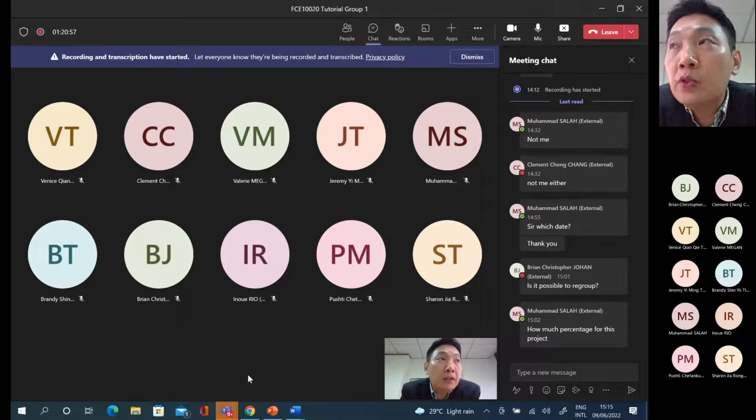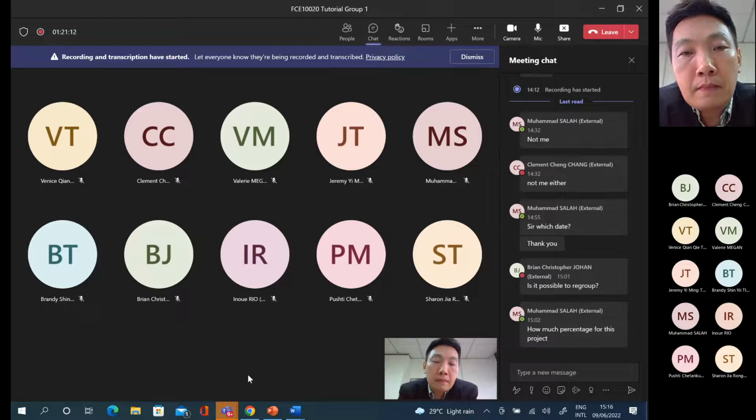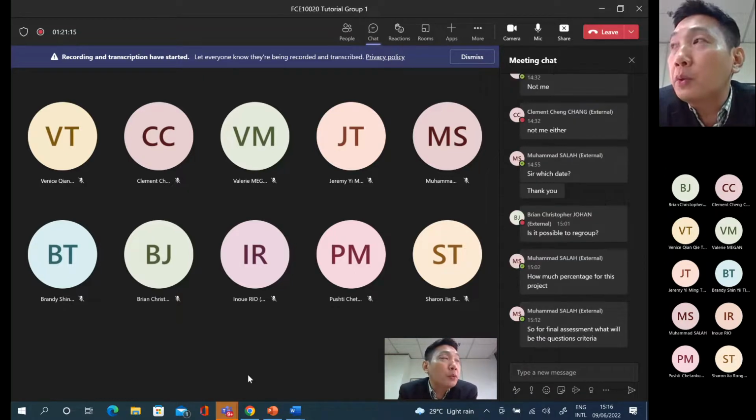So test 1, test 2 and the final assessment are more important. Because for the project, you have many members who can help to do it, that's why the weighting is lower. The reason we want to have a project is to build teamwork. Teamwork generates skill. That's why we have a project-based assignment.